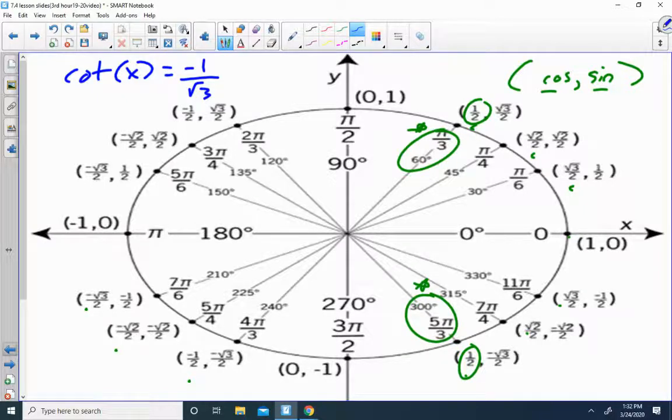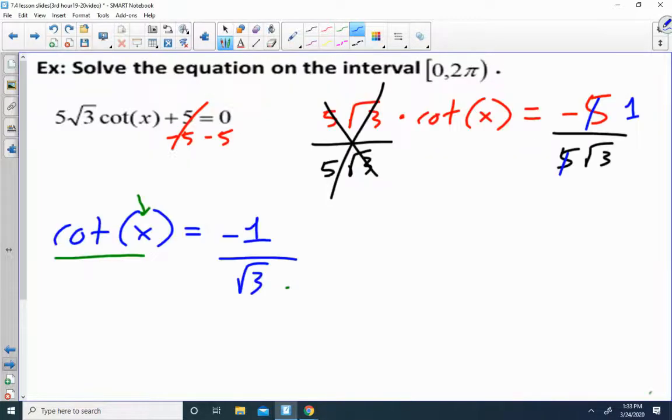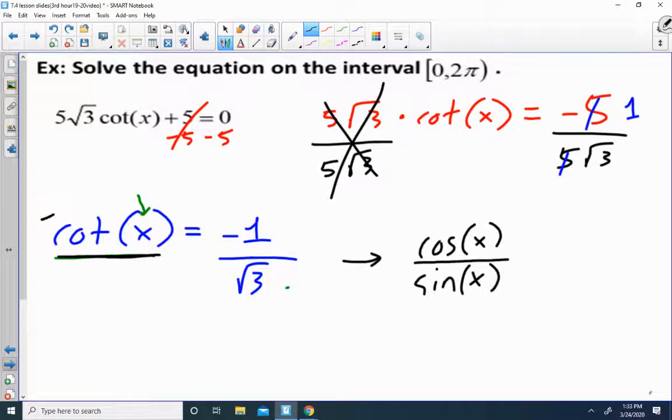Why does the unit circle only use cosine and sine? That's not fair. But wait a minute. Couldn't we rewrite cotangent using cosine and sine? If you remember, back in chapter 6, cosine divided by sine is the same thing as cotangent. So if we rewrite it like this, then maybe we could use the unit circle.